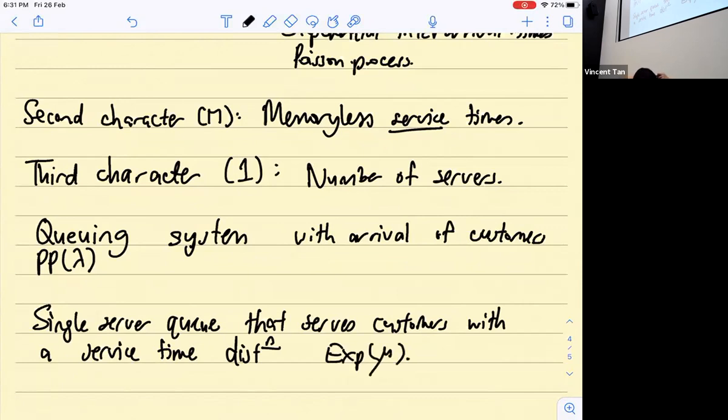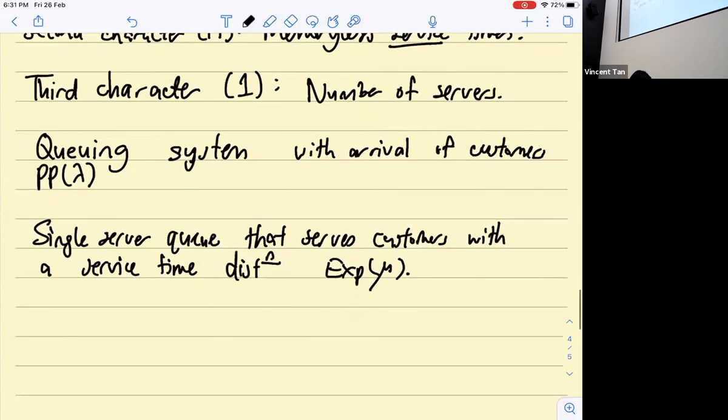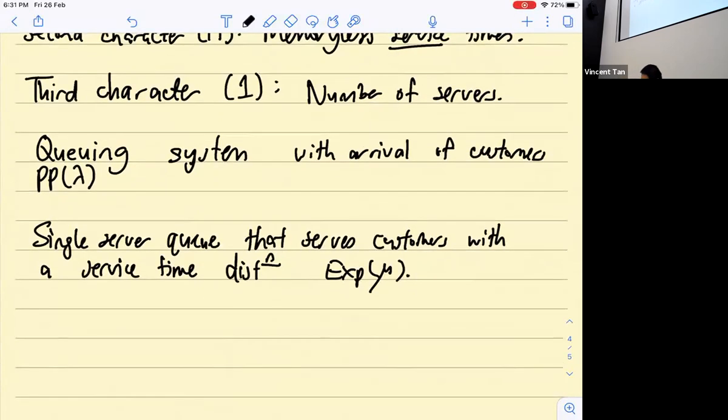It's not quite a Poisson process, but the service times are exponentially distributed, because you could be serving no one. If a customer comes to the teller at the bank, he or she is served, and the service time is exponential with rate mu. Mu and lambda don't have to be the same.